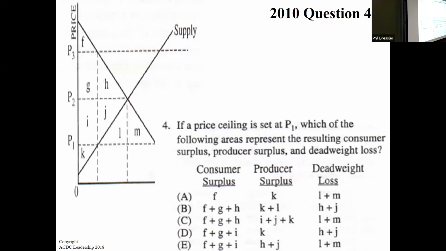Got everyone confused. Okay, what do we got?